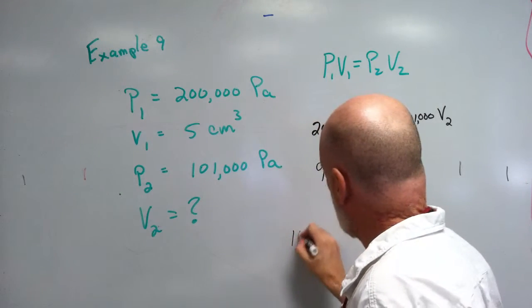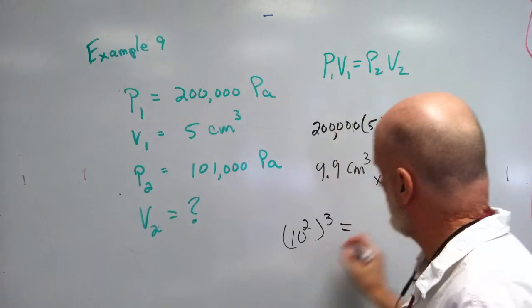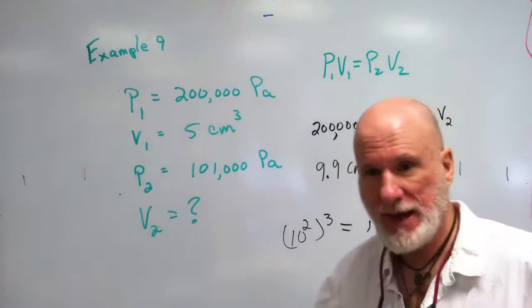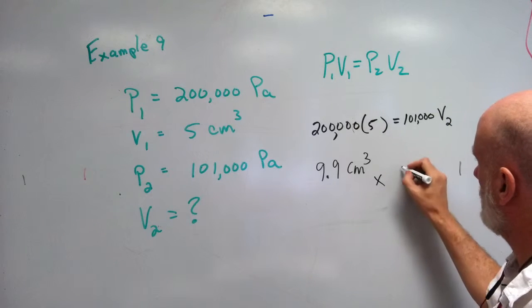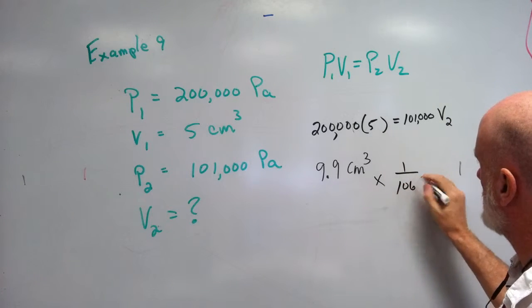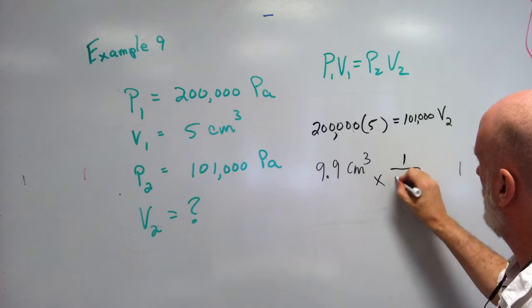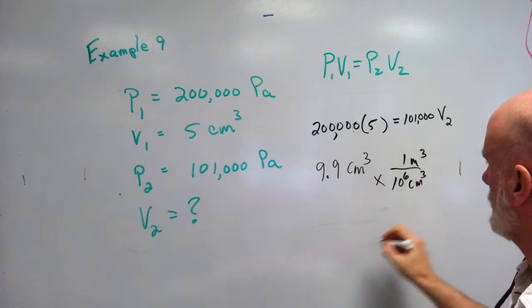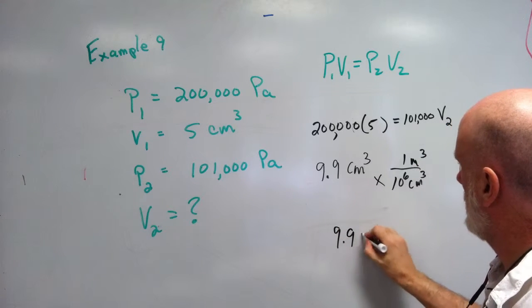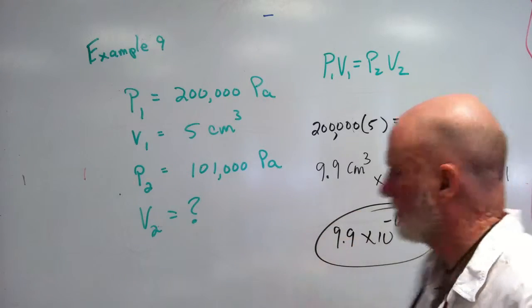Excellent. So 10 squared cubed is 10 to the 6th. Jack, you said that too, right? Now, what you do is you multiply by 1 over 10 to the 6th, cubic centimeters. And so that's going to be 9.9 times 10 to the negative 6 cubic meters.